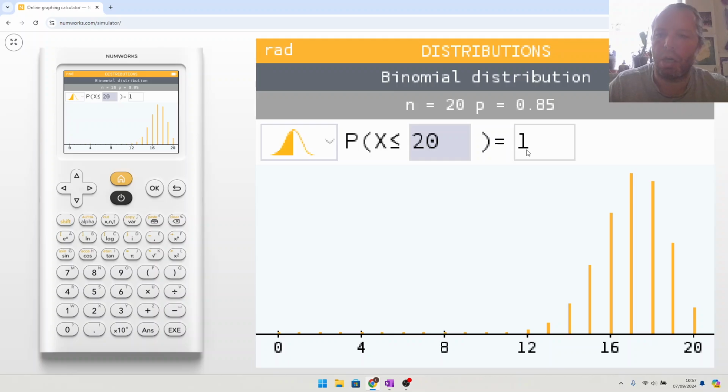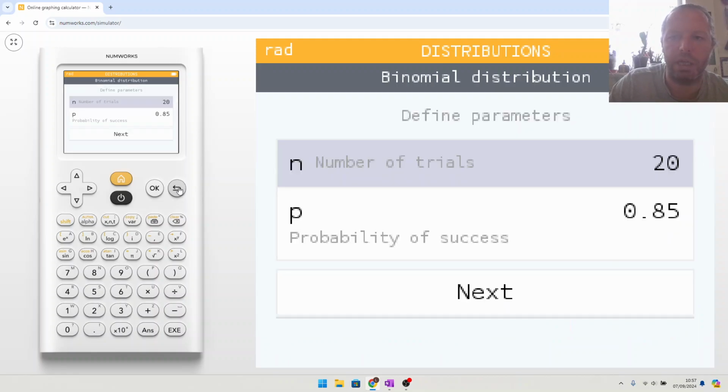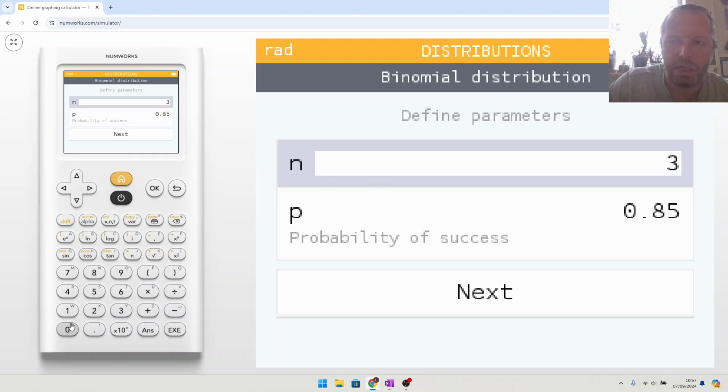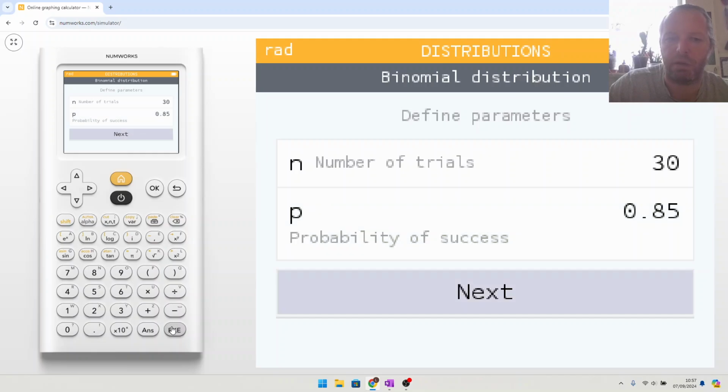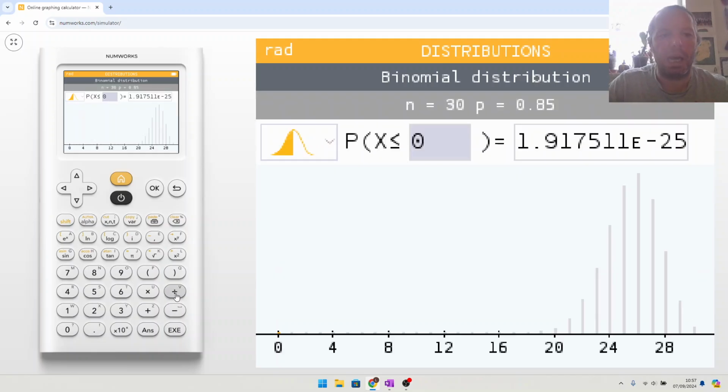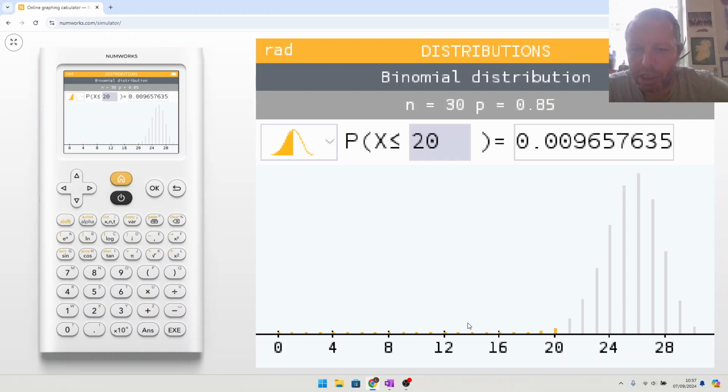That seems like an odd answer, but this distribution isn't correct. This is the old distribution, a sample of 20. We've just been told the sample is 30. Still on 0.85, changing that to 30, and we've got less than or equal to 20. That's better.